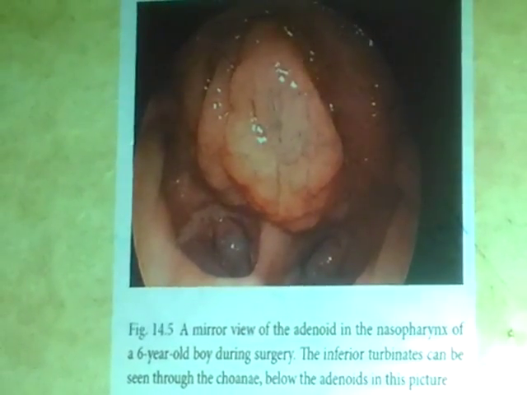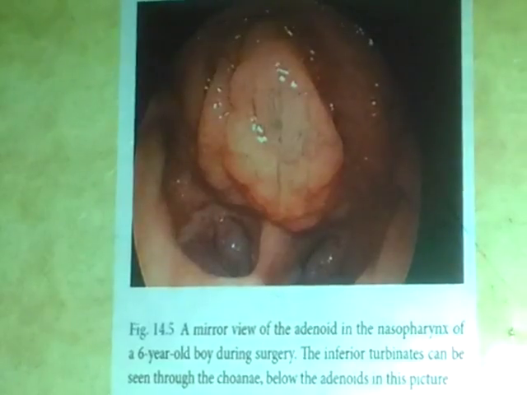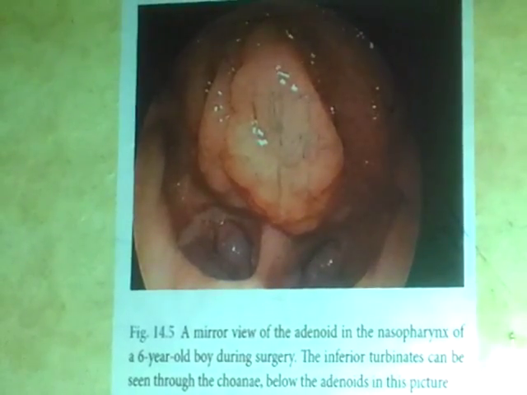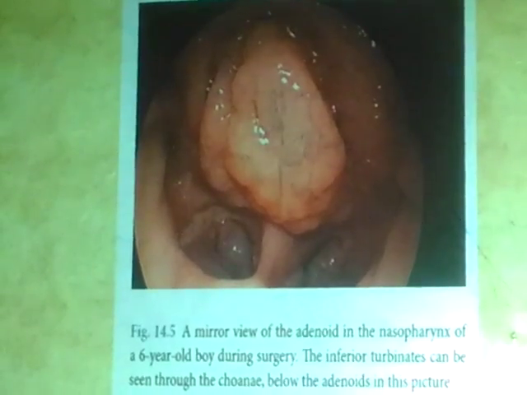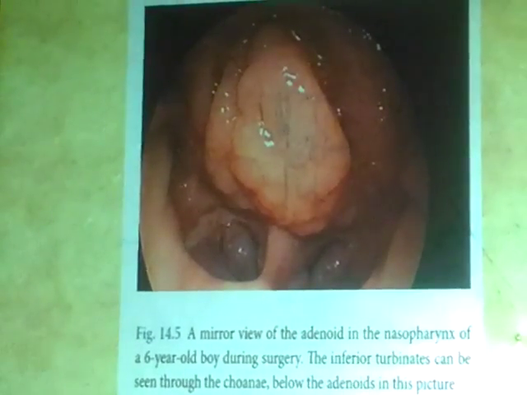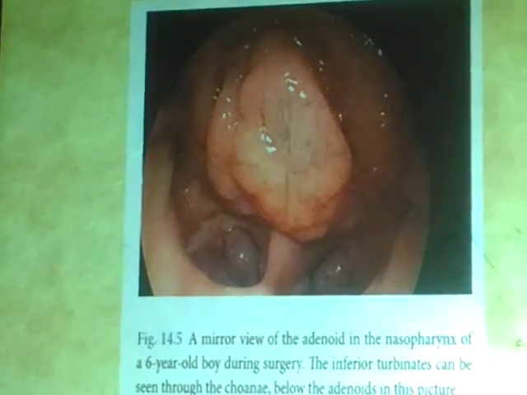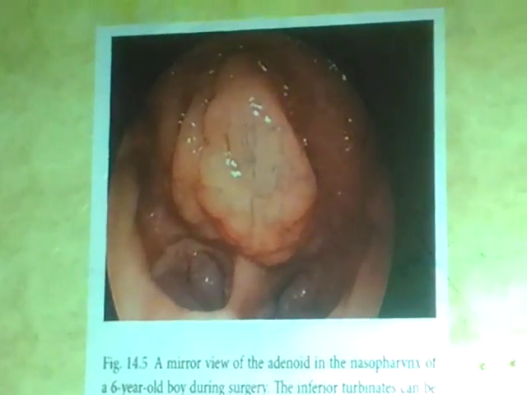There are no studies that support this type of management, but this is what we usually do. If your child is going to do tonsillectomy, you will usually do adenoidectomy with it, because you are afraid that after doing tonsillectomy, the adenoid is going to enlarge in size and be prone to more infections. This is number one.